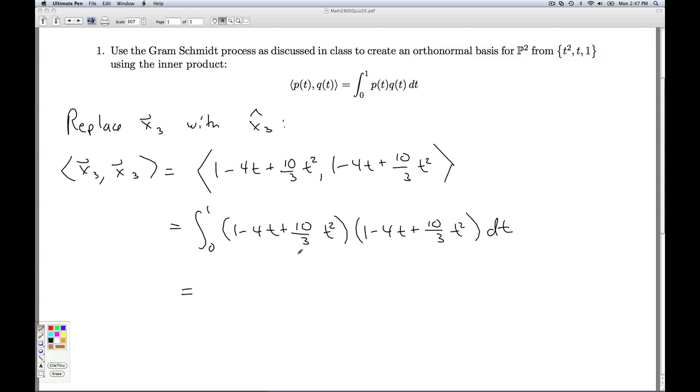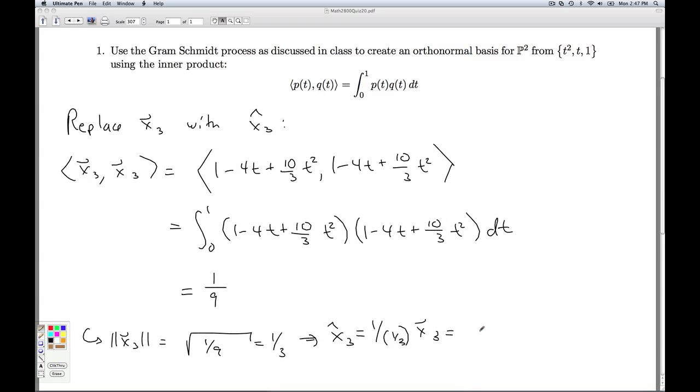And we've already reviewed enough basic calculus in this checkpoint quiz, so I'll go ahead and tell you you get 1/9 out of this. That means that the length of x3 is the square root of this, which is 1/3, which means x3 hat is 1 over 1/3 times x3, which is 3 times itself. So I get x3 hat is, I'll write the t squared first, 10t squared minus 12t plus 3.